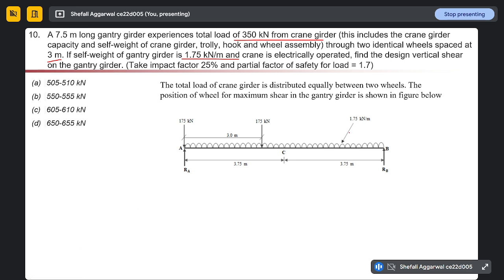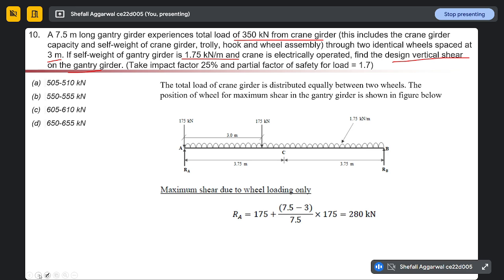Then what we have to calculate? We have to calculate the design vertical shear on the gantry girder. So solving this beam equation, we will calculate maximum shear due to the loading. We will calculate the reaction at RA. So RA will be given as 175 plus 175 into 7.5 minus 3, divided by 7.5.